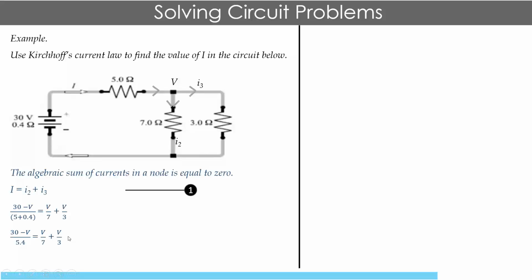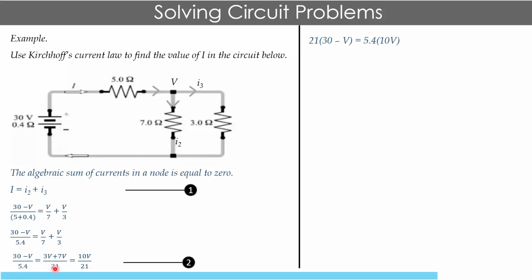If I want to resolve the right hand side, let me resolve it by getting the LCM. The LCM of 7 and 3 is 21. So I can resolve V over 7 plus V over 3 further.